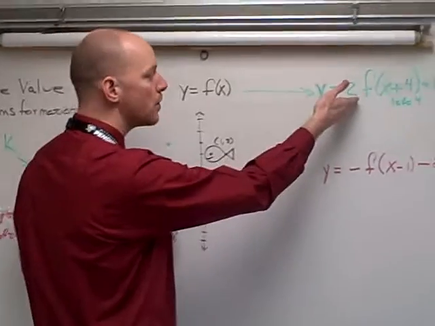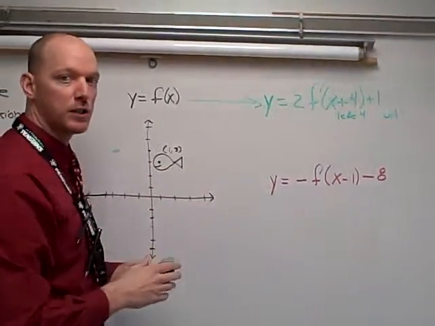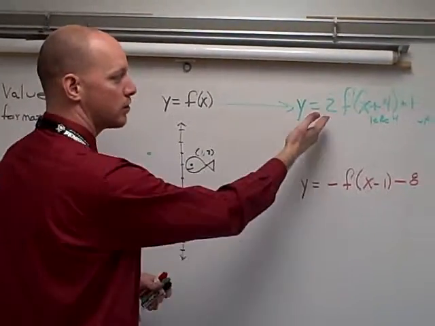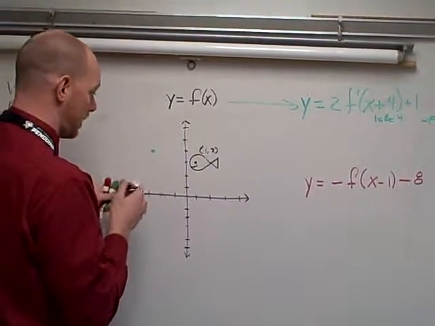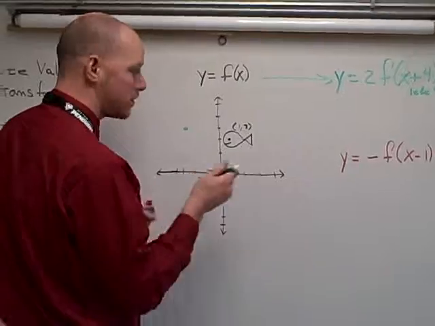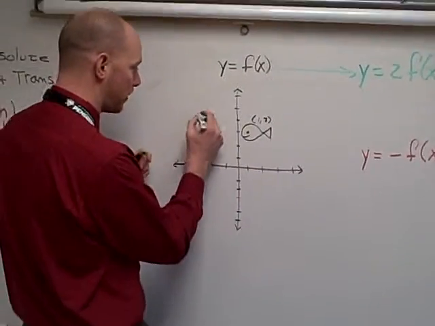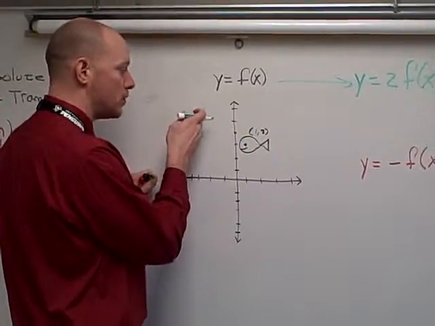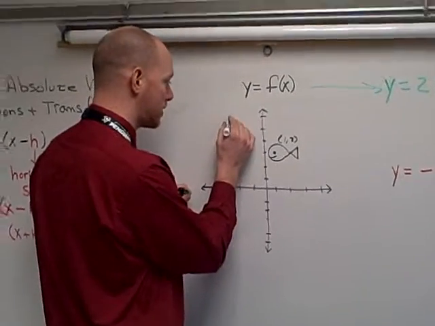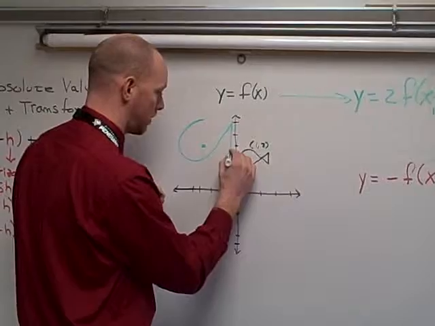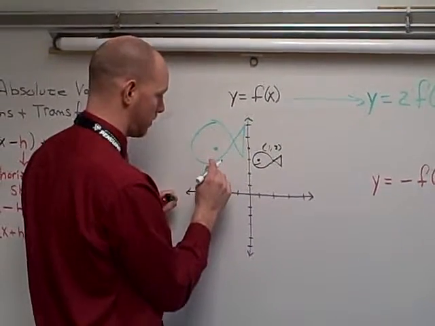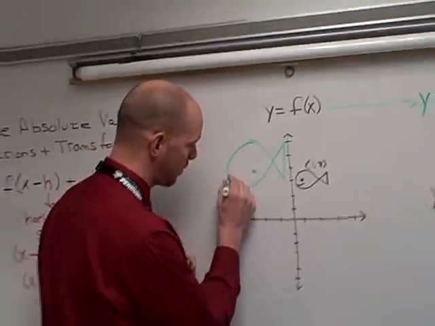Now we look at the 2. The 2 is our stretch or shrink. Since 2 is larger than 1, our fish is actually going to expand. So if we had to estimate what the graph would look like, our new green function will be twice as big, a kind of distorted little fish.